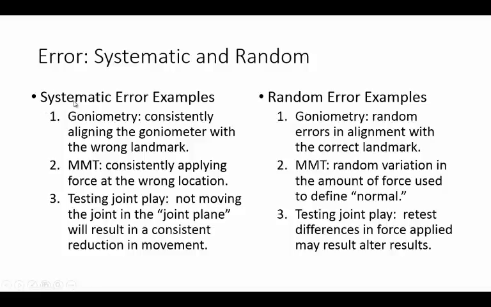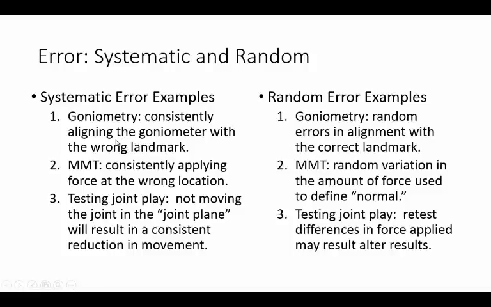Let's assume we are measuring range of motion of the knee, for example. You all know to measure the range of motion of the knee, you need to put the center of the goniometer on the lateral epicondyle of the femur. So that is a landmark for the goniometer. You need to align it with the landmark.